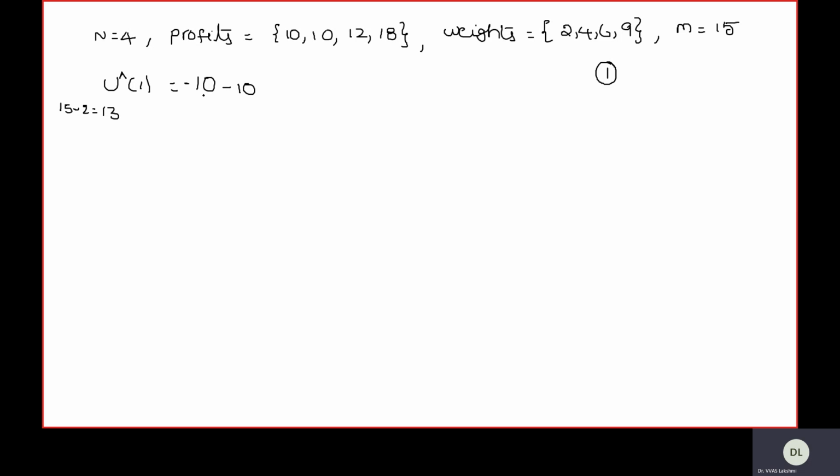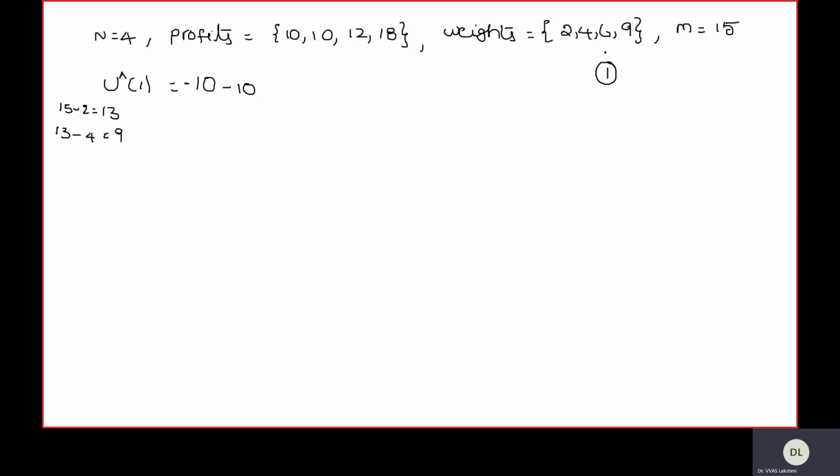All of you know that the profits should be converted into negative values, because branch and bound deals with only minimization problems, but the objective of the knapsack problem is maximization of the profit. So the bag capacity becomes 13 minus 4, that is 9.